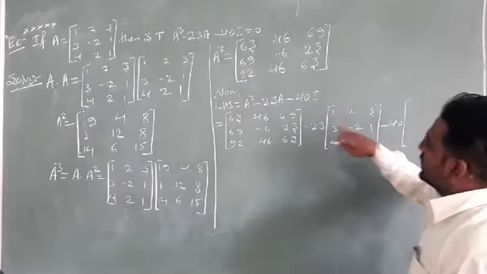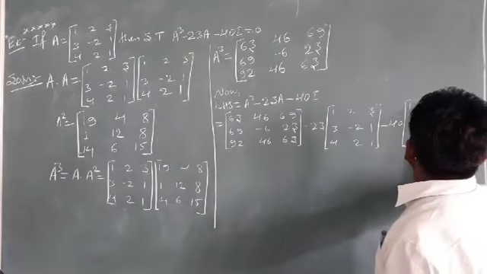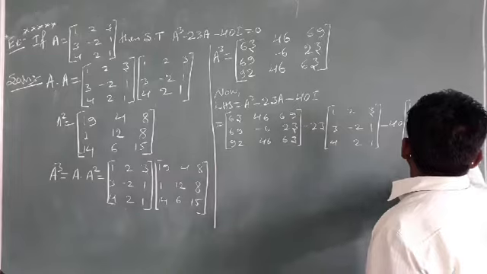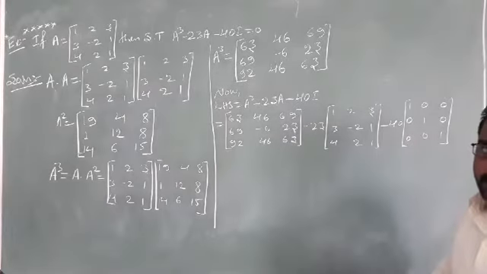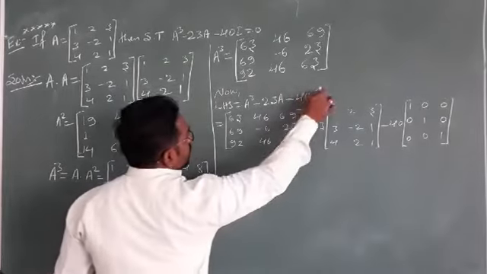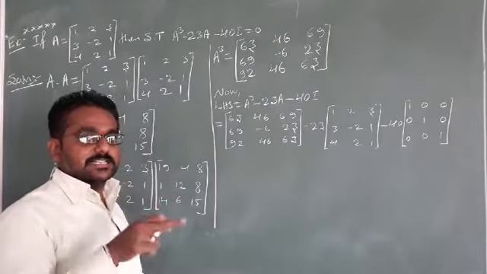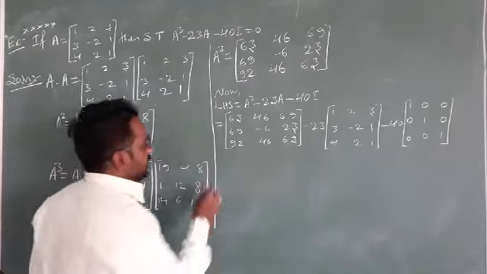So A is a 3 by 3 matrix, I is also a 3 by 3 identity matrix. Students, you have to prove that it is 0, a 0 matrix, not a single 0.